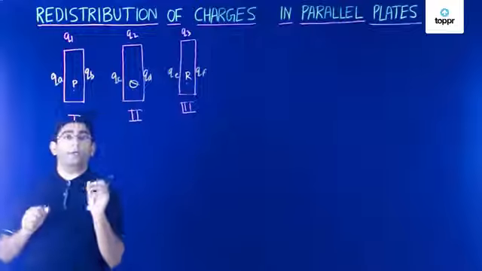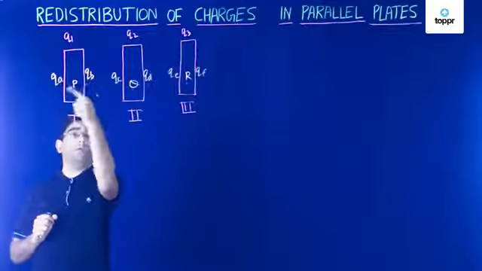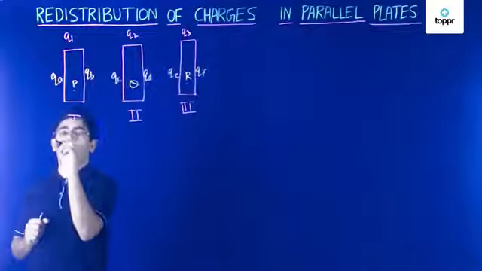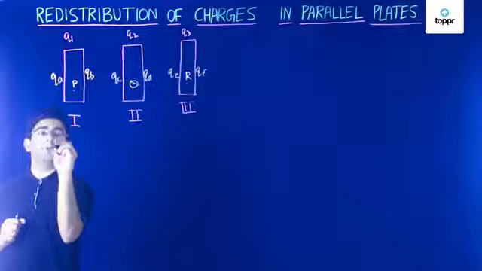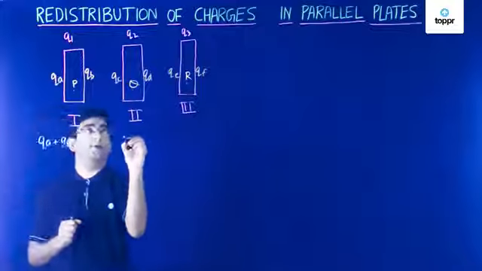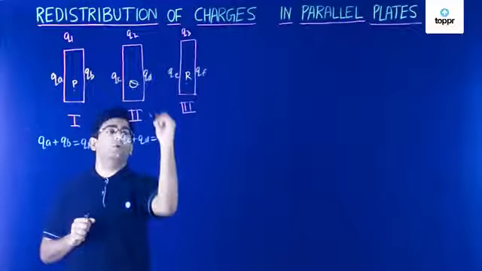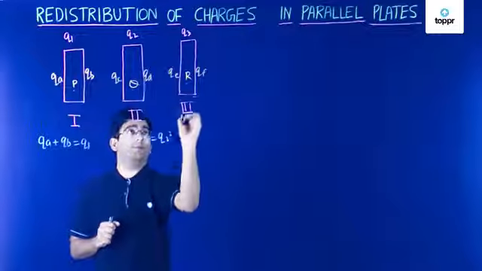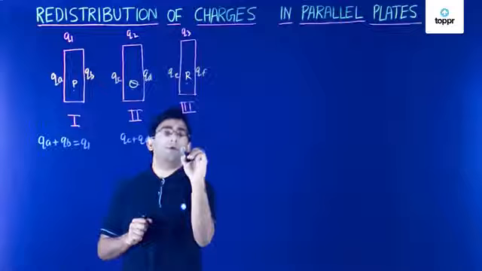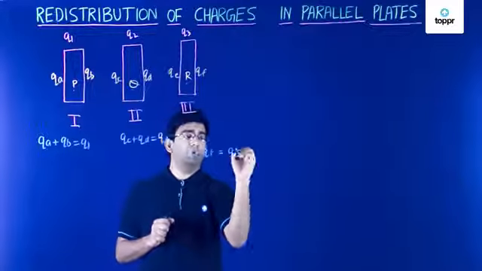But before that, we can very easily see that QA plus QB, so the sum of these two charges, would be equal to Q1. Similarly, QC plus QD can be written as Q2. And for the third plate, the sum QE plus QF would be equal to Q3.